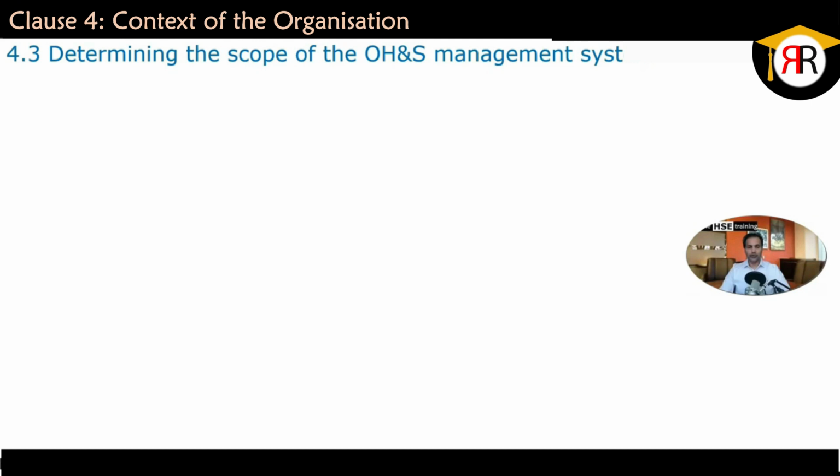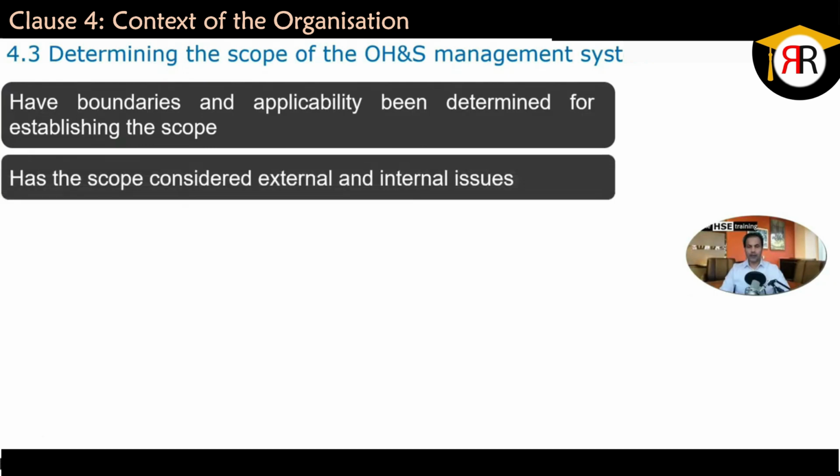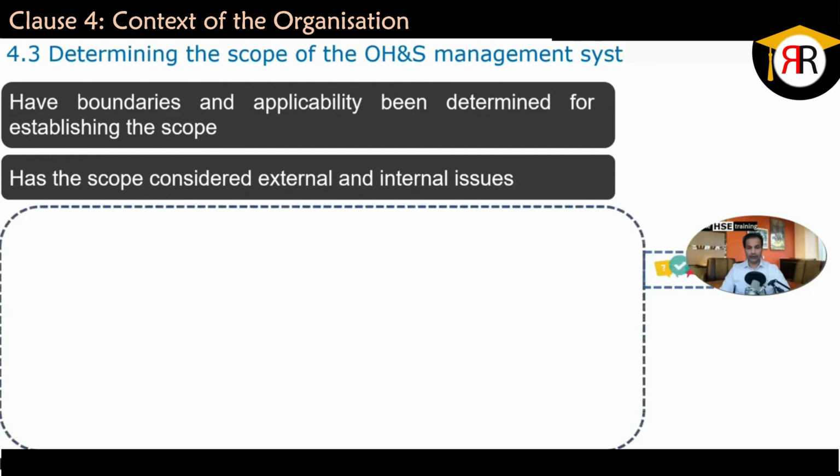Subclause 4.3 is all about the scope of the OHSMS management system. And here, have boundaries and applicability been determined in establishing the scope? Has the scope considered external and internal issues?